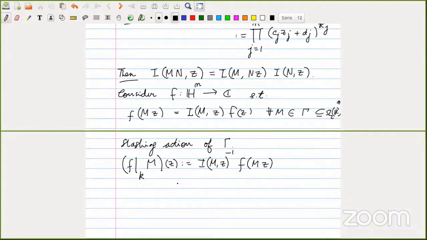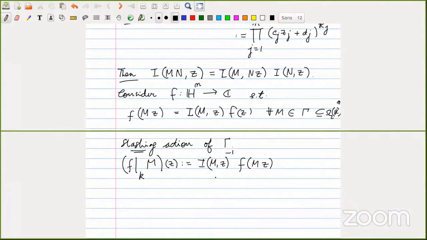This is the slashing action. You can check that this gives us an action of Gamma on these kinds of functions f. It's exactly similar to the case of elliptic modular forms.